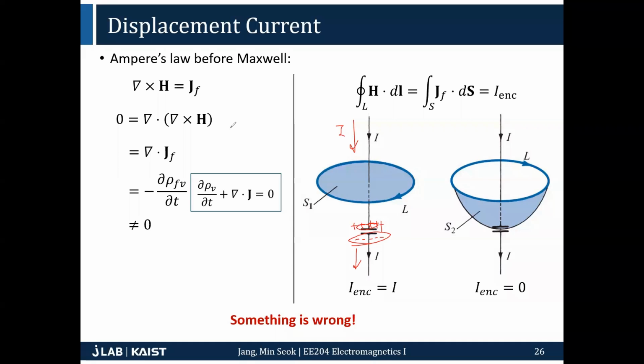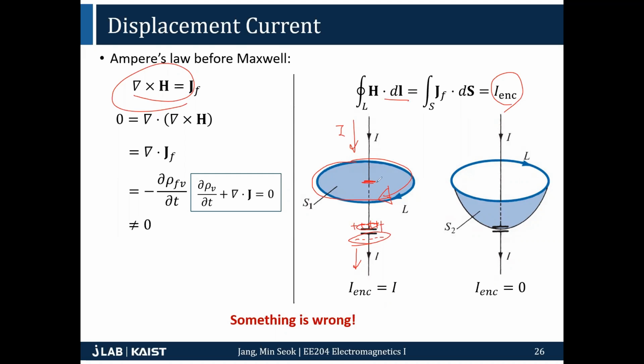Now, what Ampere's law says is that if you do a line integration along this given path, it must equal the current enclosed by this path.